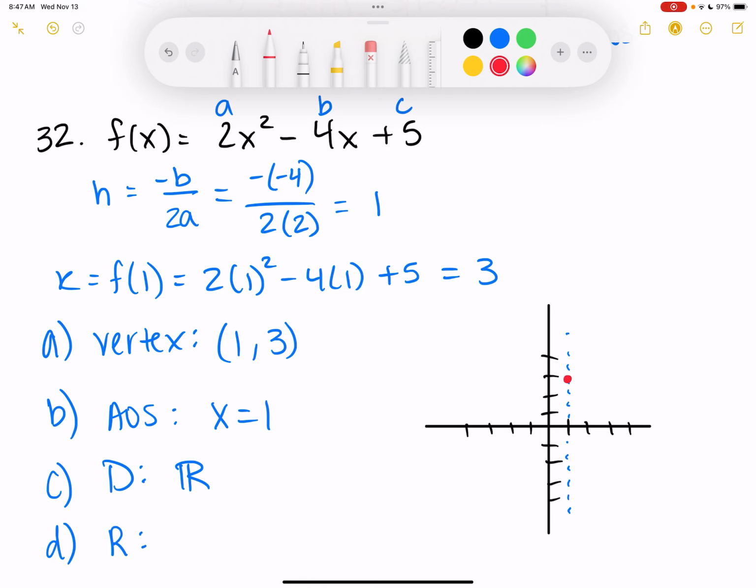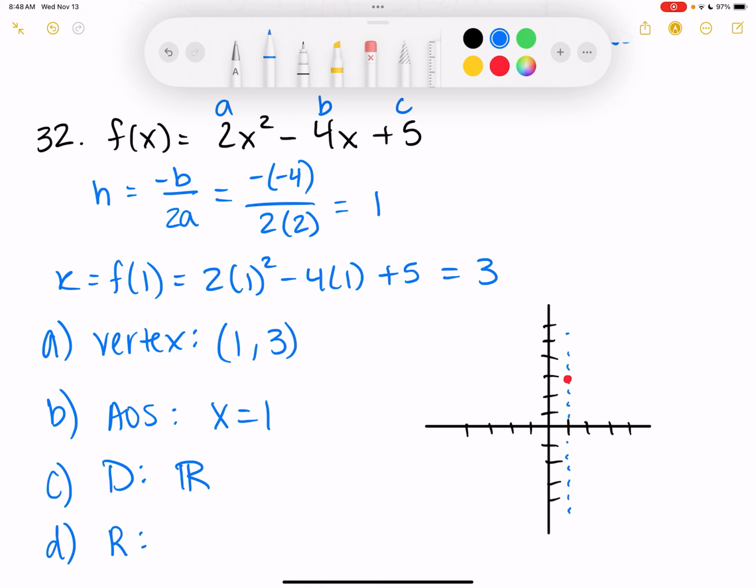So anytime I have one that's written in standard form, if the axis of symmetry is close to 0, I like to plug in 0. Any guesses as to why? Because it's the easiest. It's the easiest because everything's going to cancel except for whatever c is. When I plug in 0 for x, a goes away, b goes away, all I'm left with is c.